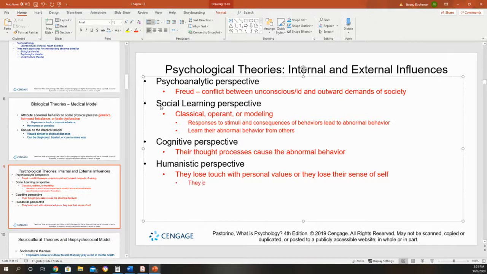So they can't fulfill their basic needs. If you recall from the hierarchy of needs, think of it like this: basic, biological, and psychological needs.